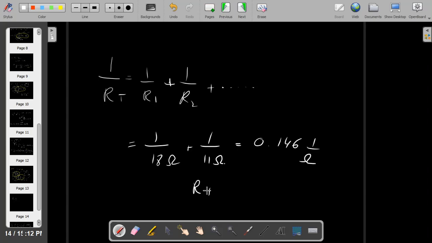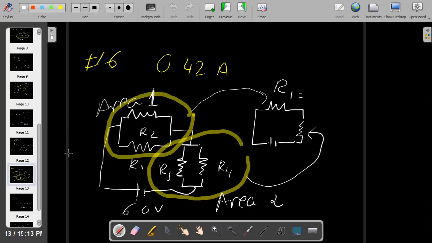To find my total for area 1, I need to do 1 divided by this number, and I find that my resistance for that area is 6.85 ohms. So let's go back and say that the area 1 resistance is 6.85. I'm copying this right, okay?